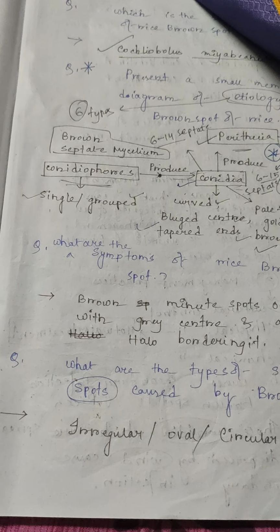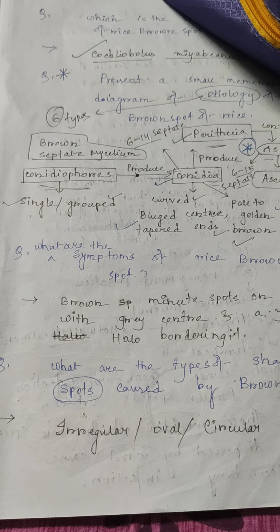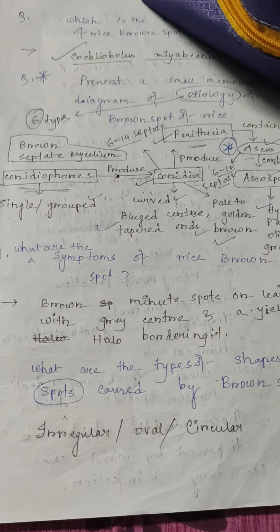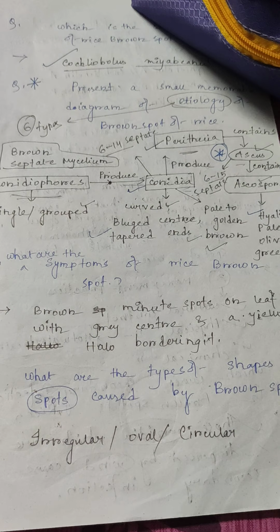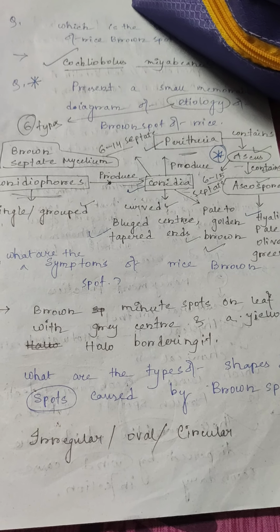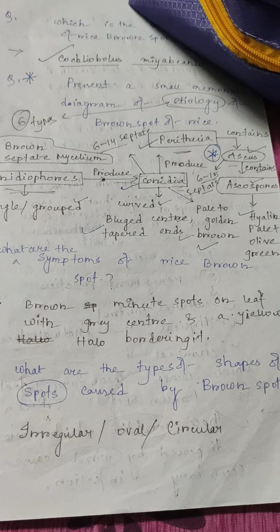The first etiology is conidiophores. Conidiophores are single or grouped. Conidiophores produce conidia. Conidia are curved, with bulged center and tapered ends. They are pale to golden brown in color and 6 to 14 septate. These conidia produce perithecia.